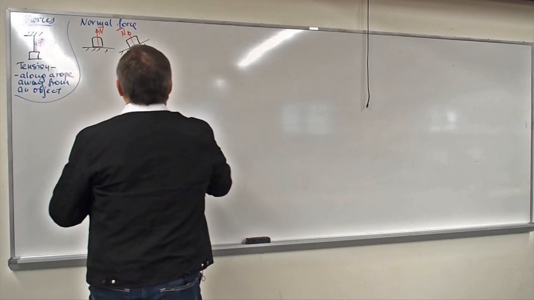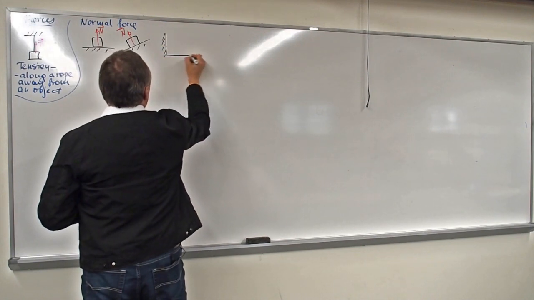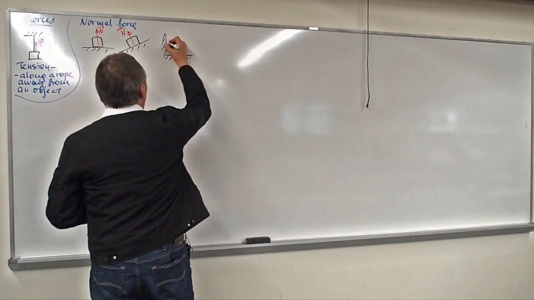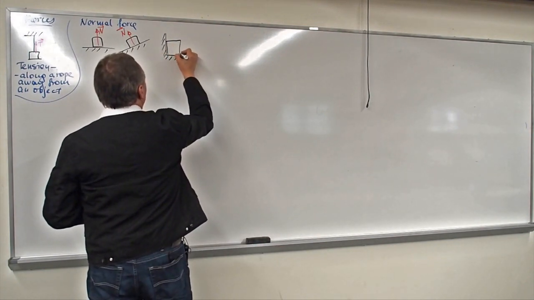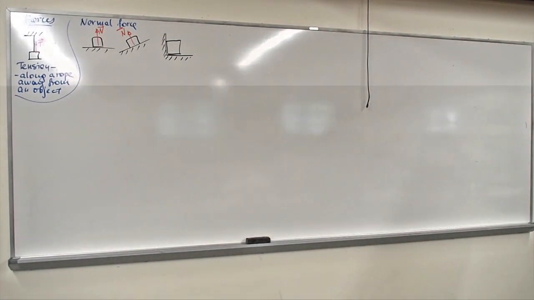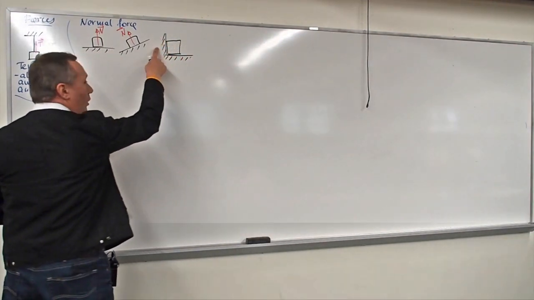If you have, for example, this situation, let's say you have a ceiling, a wall and a floor, and your box is over here. How many normal forces are there right now? Two. From each surface there will be a force. This box interacts with the wall.